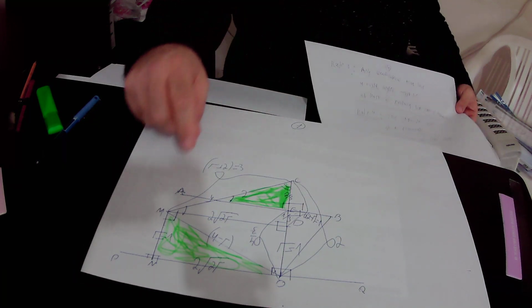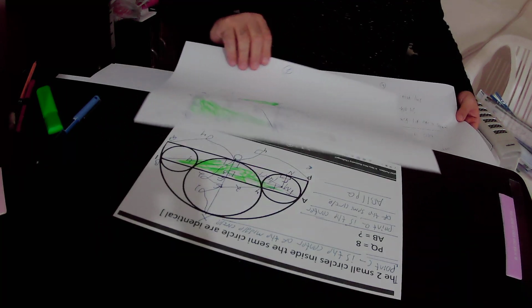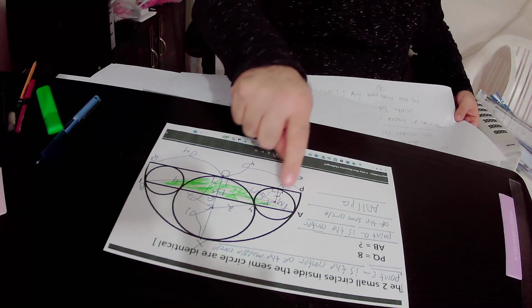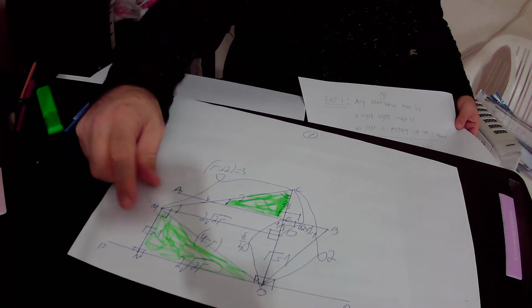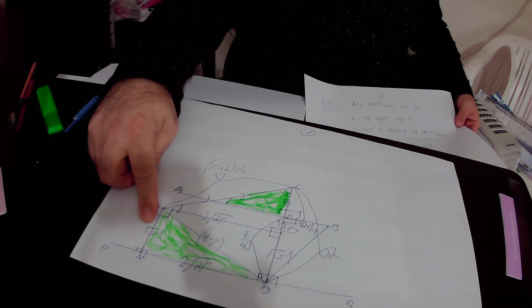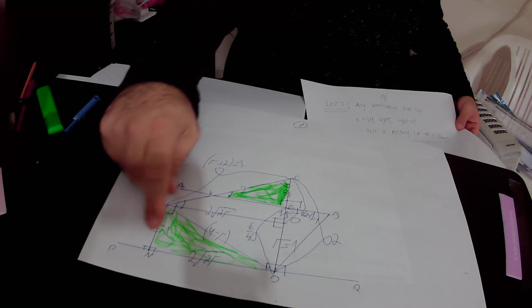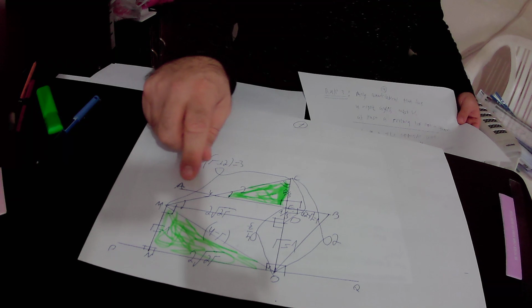And we know that MN is the radius of the small circle, that is to say MN equals R. So here MN equals R, and according to rule number 4, MN equals DO, because those two sides are opposite to each other.